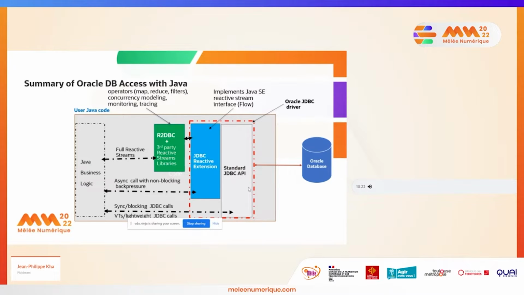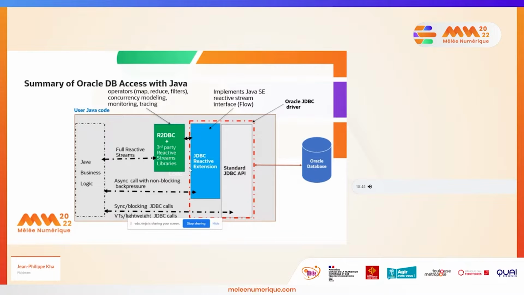That's okay, but it is not the optimal way to scale database applications, and that's why I'm going to talk about VTs, virtual threads, and the lightweight JDBC calls with the Oracle JDBC driver 21c. Oracle has instrumented that driver to support virtual threads, and that's a fantastic option.